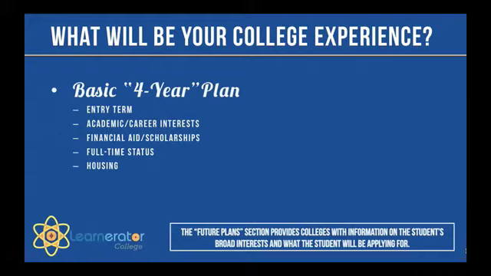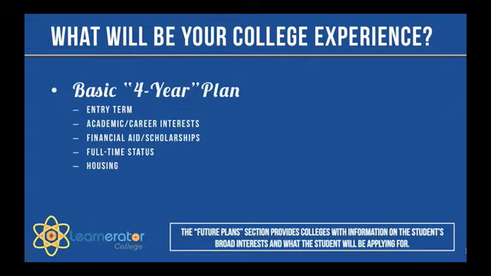Something to keep in mind when you're in this section of the Common Application is to go ahead and click yes for financial aid and scholarships, regardless of your financial background, just because it doesn't necessarily hurt you to ask for financial aid or scholarships, especially when it comes to merit-based scholarships. If you're a high-achieving student, then you will have the potential opportunity of being what many schools call presidential scholars.